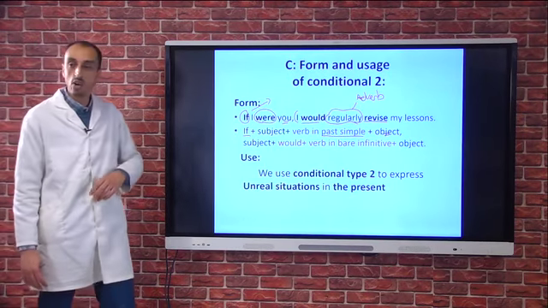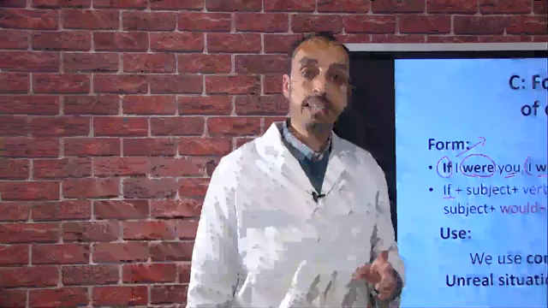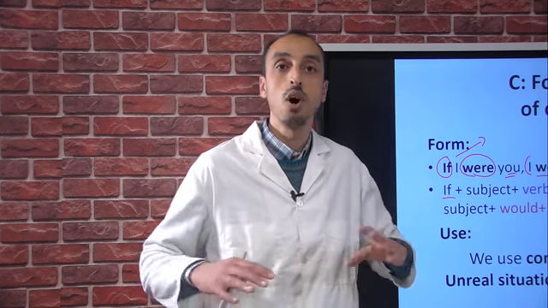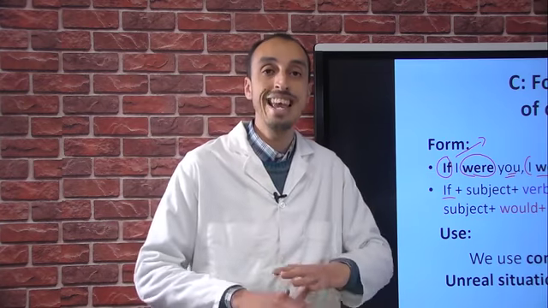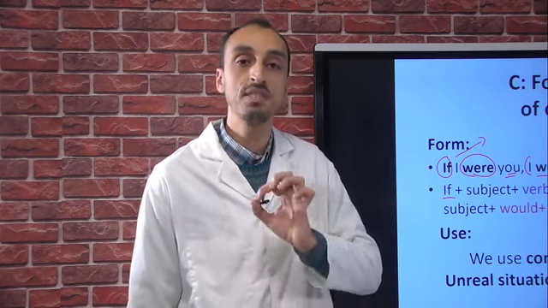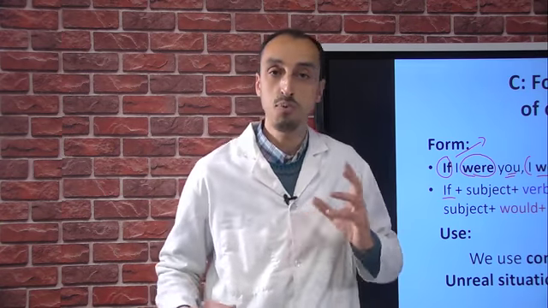Now we finished talking about the 3 types of conditional that you are supposed to study this year. Conditional type 0, something that is always true. Conditional type 1, something that is possible. And conditional type 2, something that is unreal. In conditional type 0, we have 0 change: present, present.